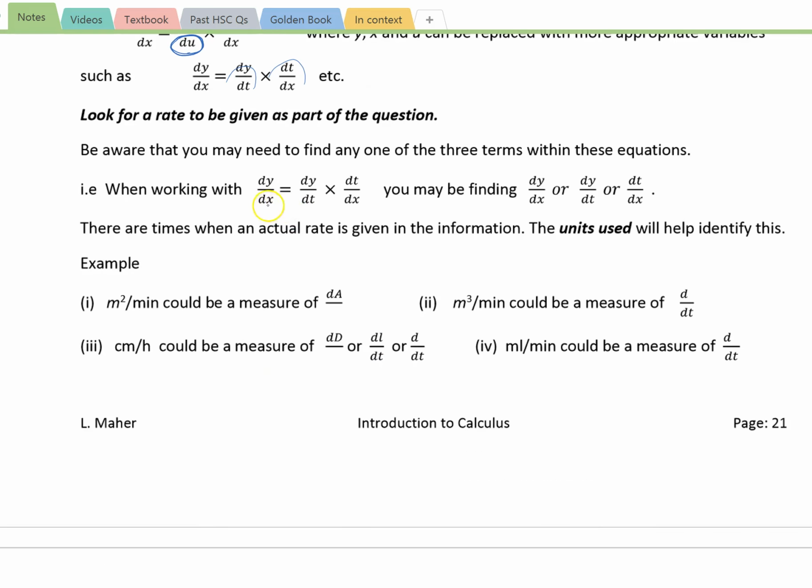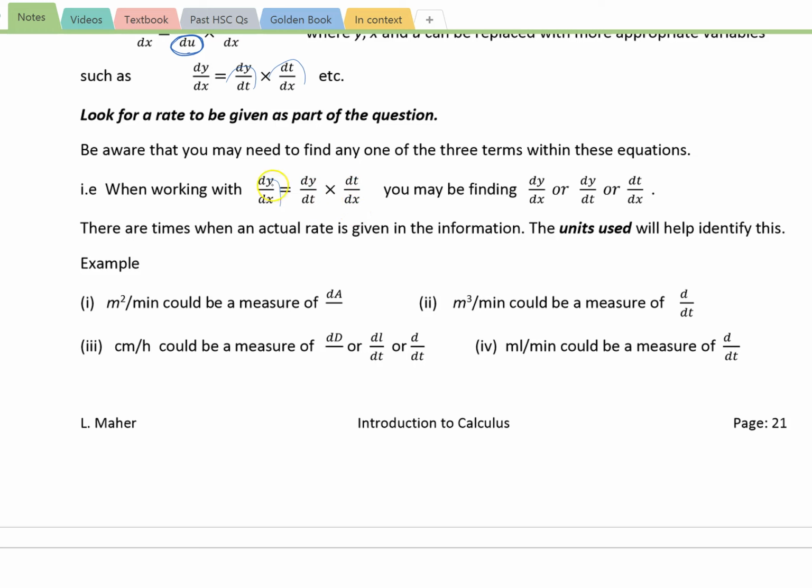The other added complication is, if we look at this, for example, dy/dx is dy/dt times dt/dx here, then we've got three separate components. In any one equation, you may be finding this one, dy/dx, which means that you'll have to be able to find or be given dy/dt, likewise dt/dx.